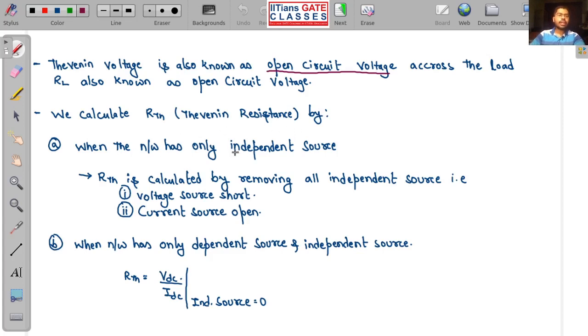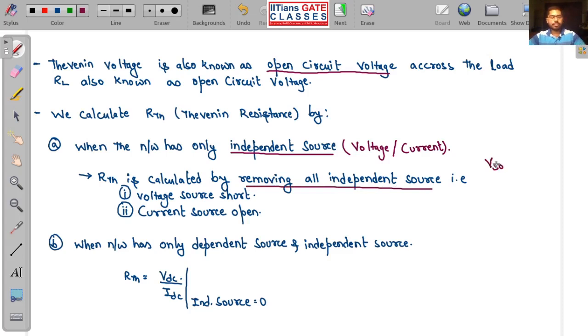When our network has only independent sources, meaning either a practical voltage source or a practical current source, RTH is calculated by removing all the independent sources. Removing means voltage source equal to 0, short circuit.